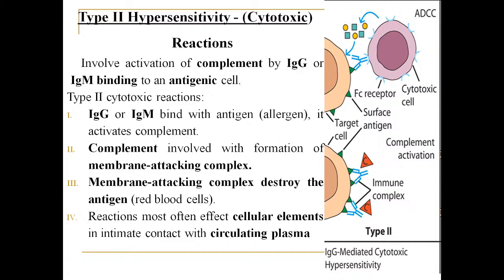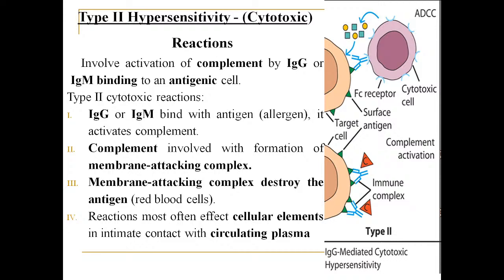So how does cytotoxic hypersensitivity develop? IgM or IgG bind with antigen, with allergen. It activates complement. You remember how complement is activated, for example, by the classical pathway. Complement is involved with formation of the membrane attack complex. You remember this chain.